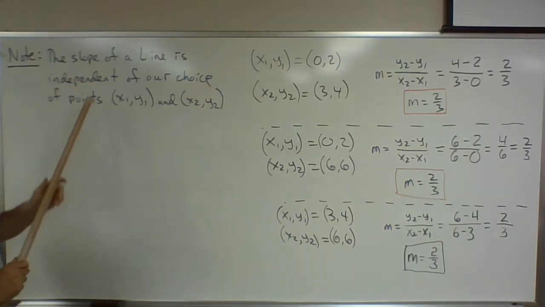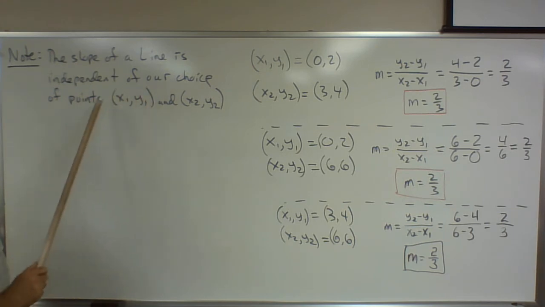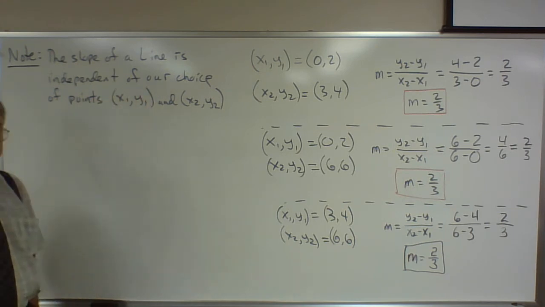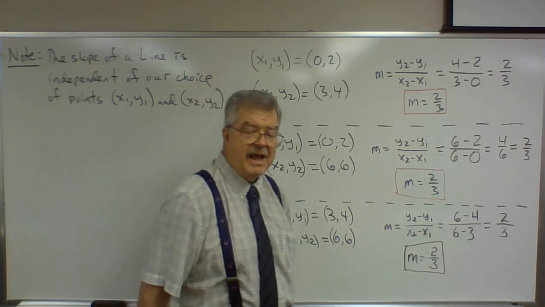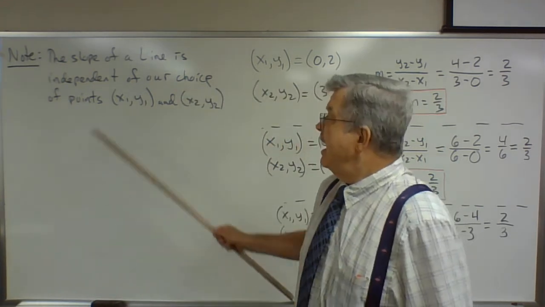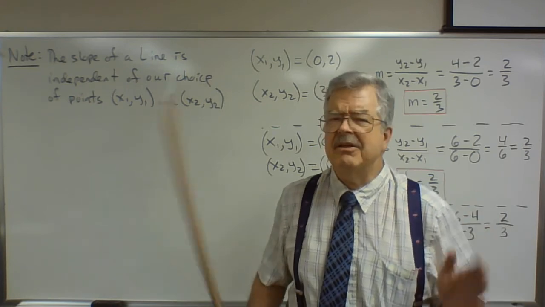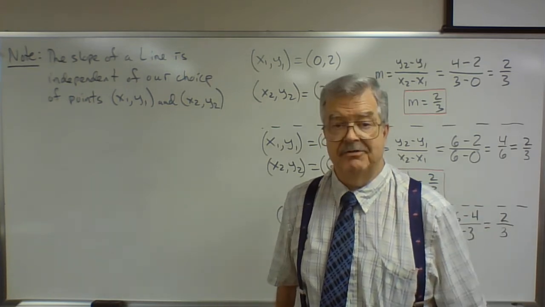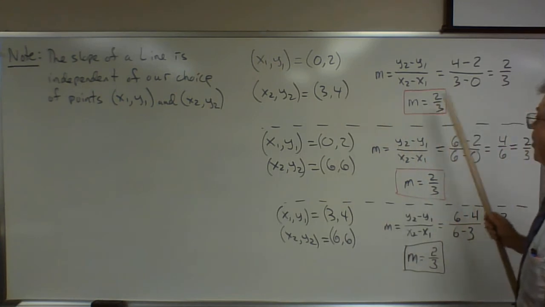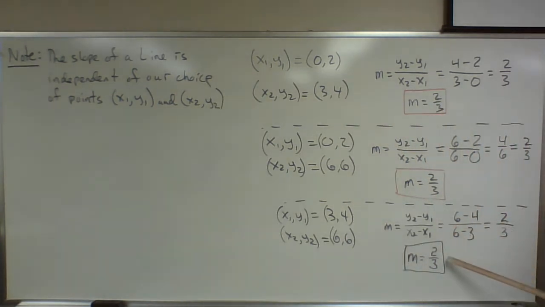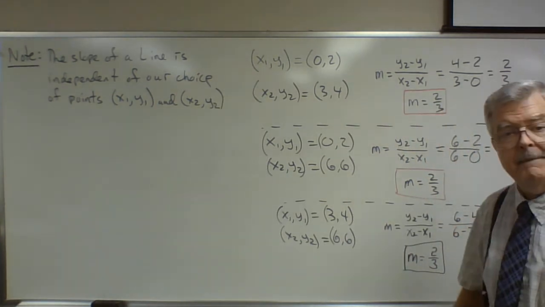So the slope of a line is independent of our choice of points x1, y1, x2, y2. They can be any 2 points on the line. It doesn't matter. And we're always going to get the same slope.